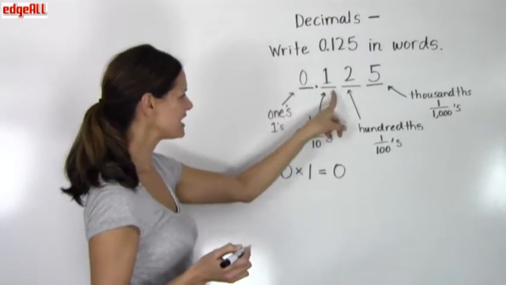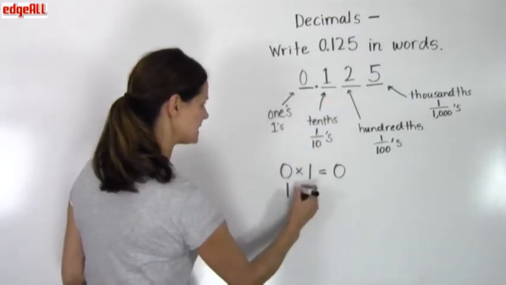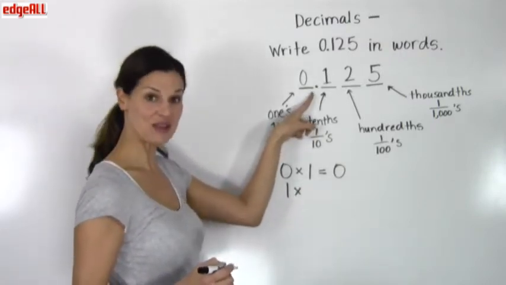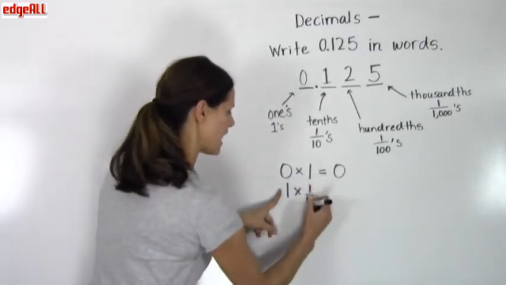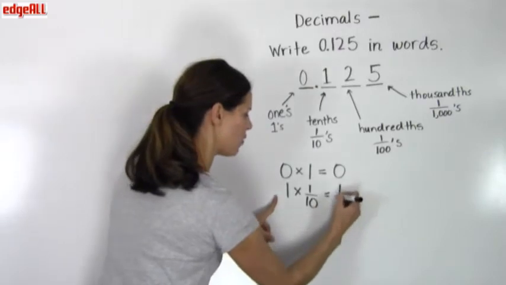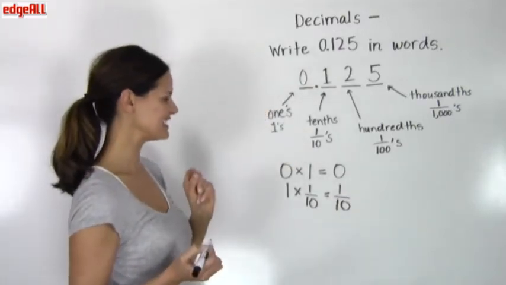Our 1 is in the tenths place, and so the value of that is 1 times 1 over 10, which is 1/10.